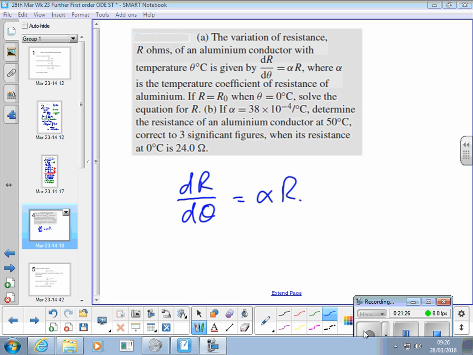So we're looking to find an equation that says theta equals something in terms of R. We want to go through the process that we've been going through. So we need to rearrange that so we've got the theta on one side and the R terms on the other side.